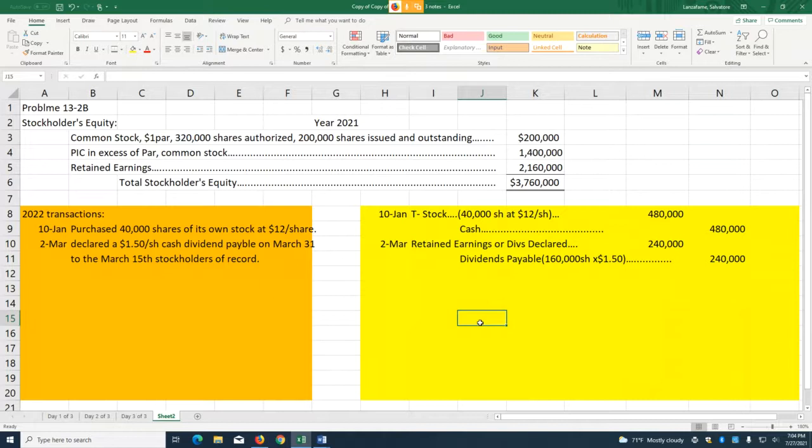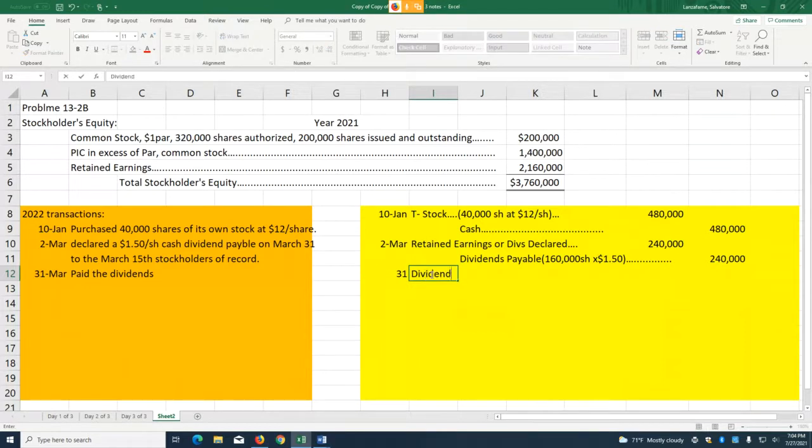Okay, it's now March 31st. Pay the dividends declared on March 2nd. So on the 31st, you are now going to get rid of the bull under that expression that I used last week.